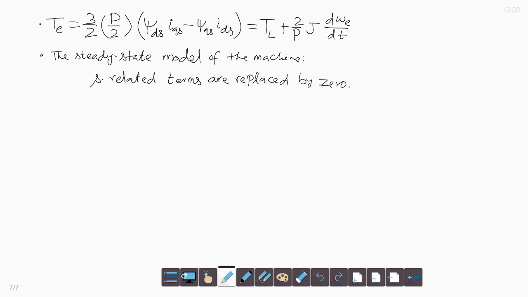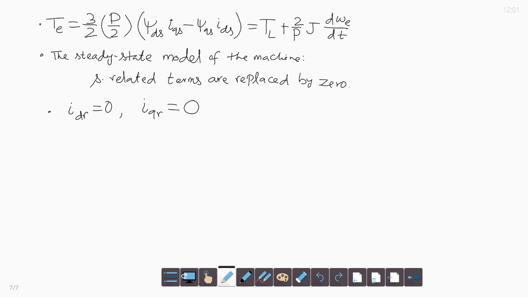So, this leads to IDR is 0 and IQR equal to 0, because DR and QR correspond to the damper winding. At steady state condition, damper winding is inactive, it is only active during the transient condition. At steady state condition, IDR and IQR are 0.